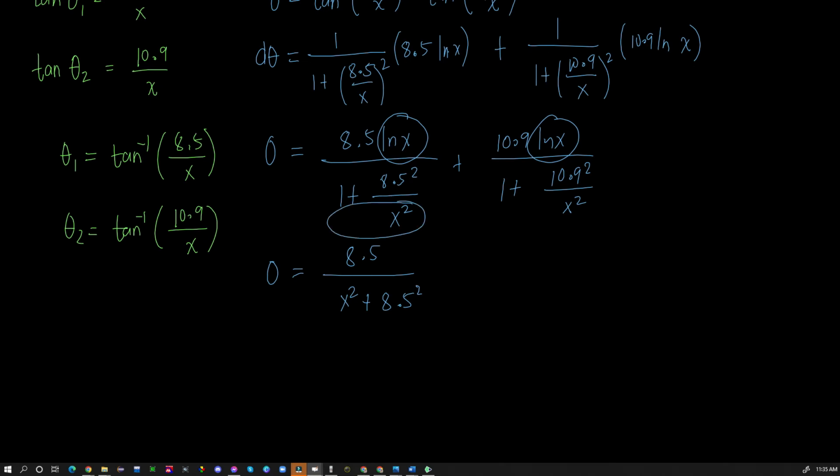Then, kato siyang over, pwede to siya masaka sa taas. So, that is natay x squared diri. Then, same thing to do here. We have 10.9 x squared over x squared plus 10.9 squared.